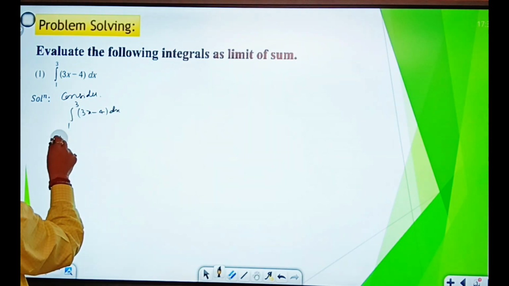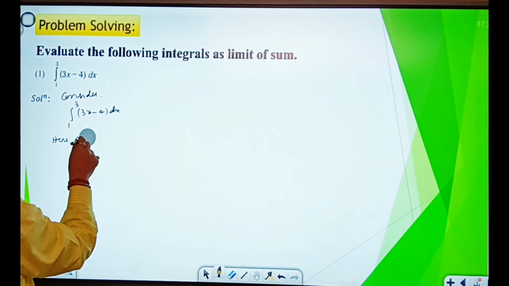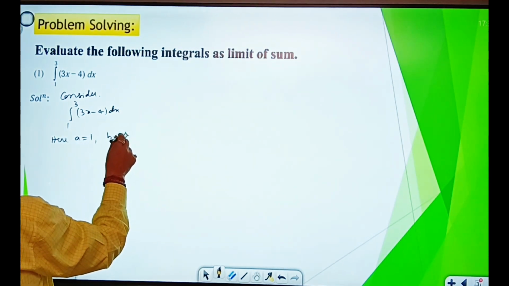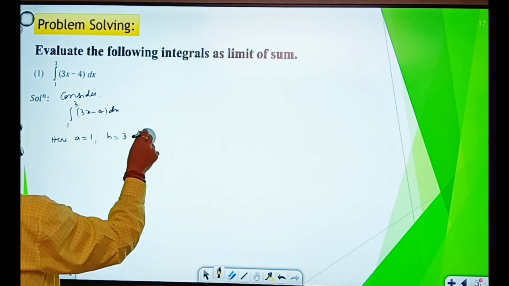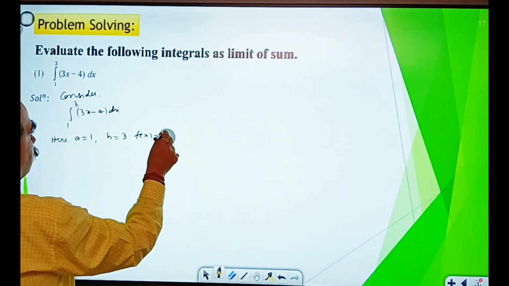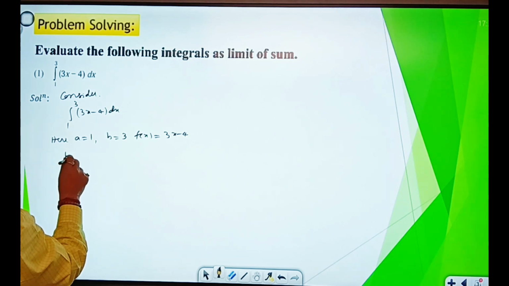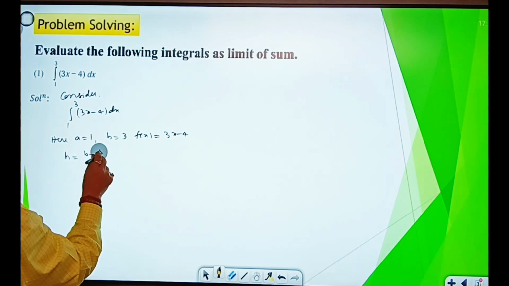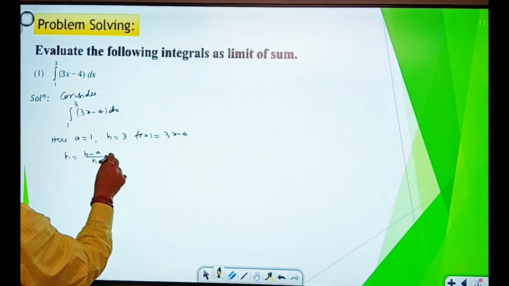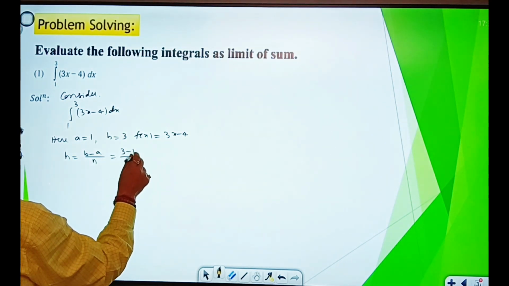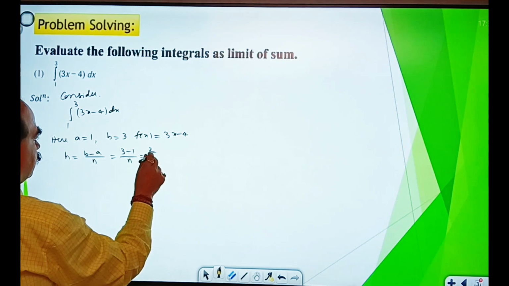Here a is 1, b is 3, f(x) is 3x minus 4. Then find out h: (b minus a) upon n, 3 minus 1 upon n, which is 2 by n.